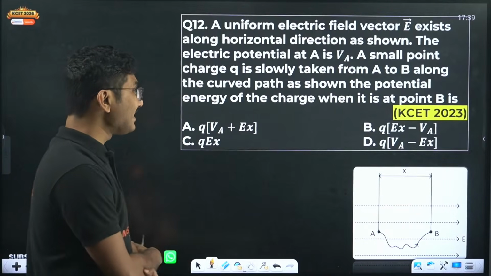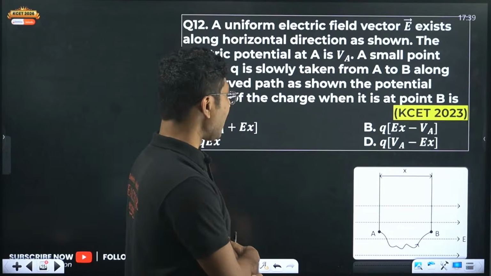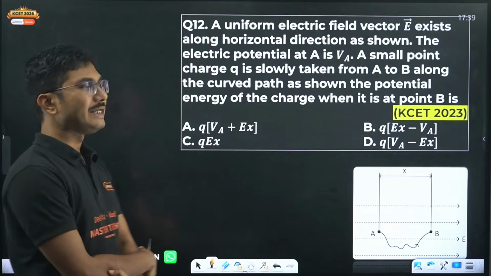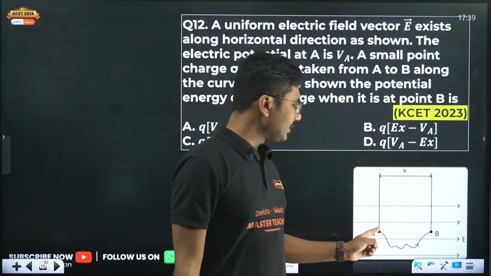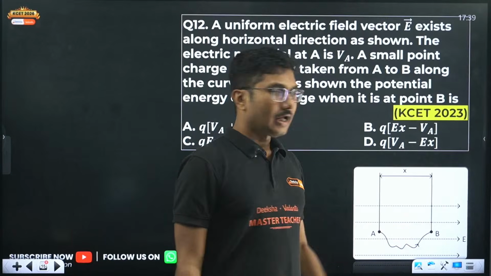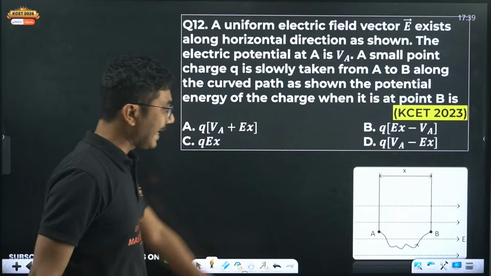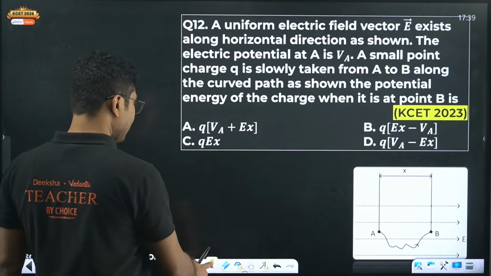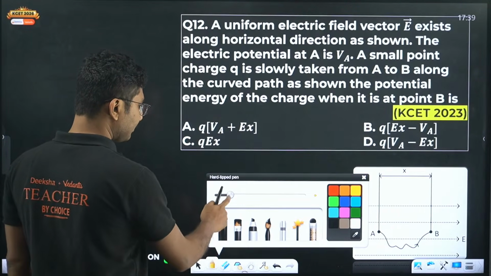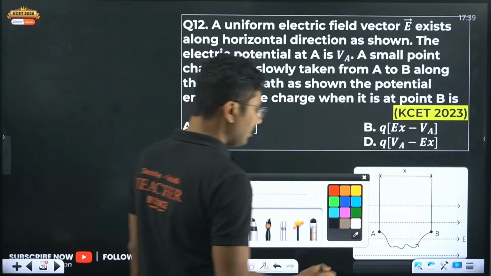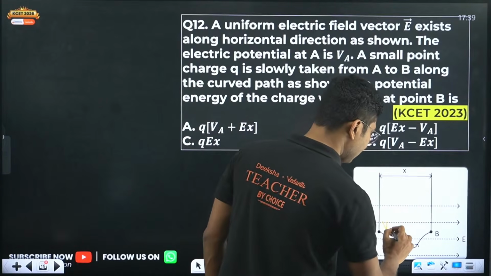The potential energy of the charge when it is at point B is asked. The charge is taken from A to B, and the potential at A is given as VA.